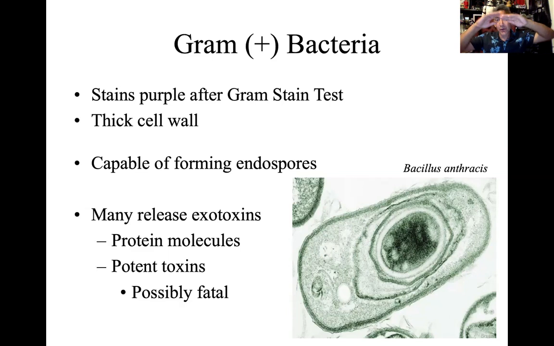It makes a cell wall that's supposed to be on the outside, but this cell wall is now inside. We don't call it a cell wall, we call it an endospore. But it's basically a cell wall on the inside of the cell protecting the genetic material, the DNA. Once the bacteria does this, it goes dormant. It goes to sleep. If it's asleep, it's not metabolizing, it's not releasing exotoxins, you are going to start to feel better.